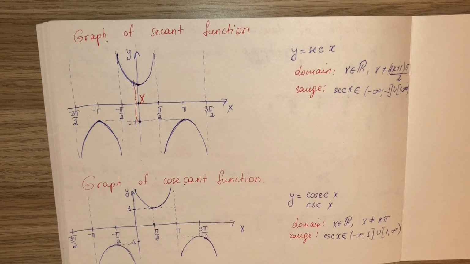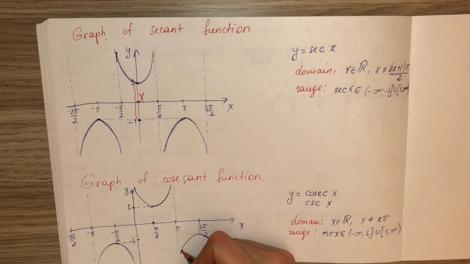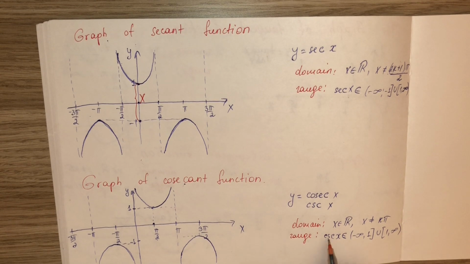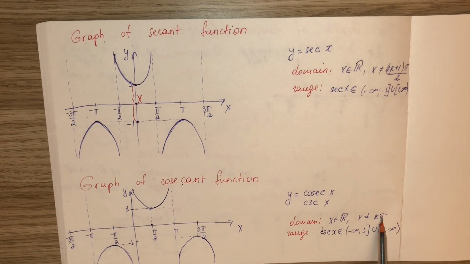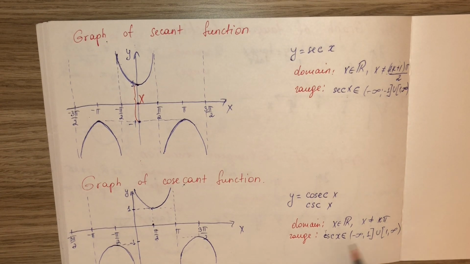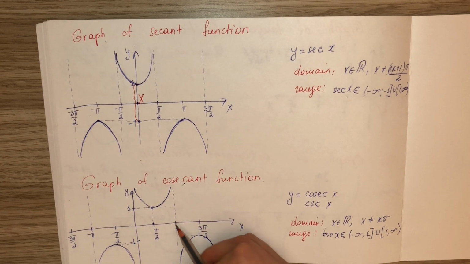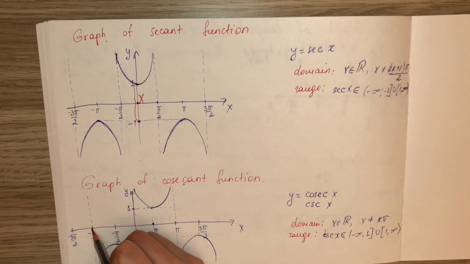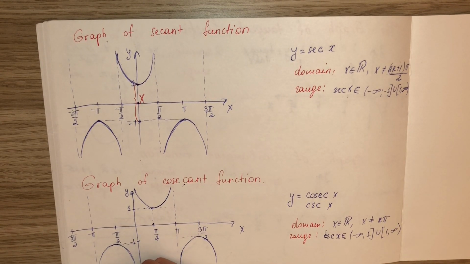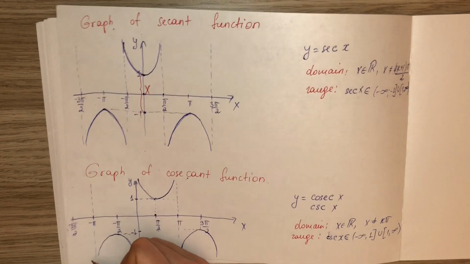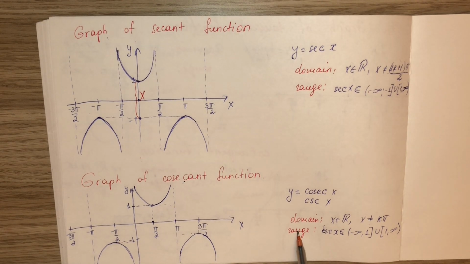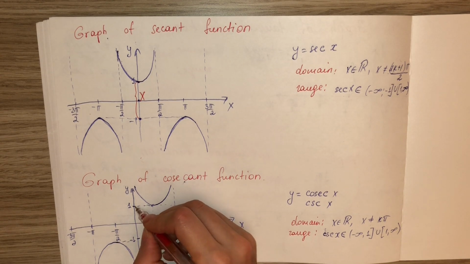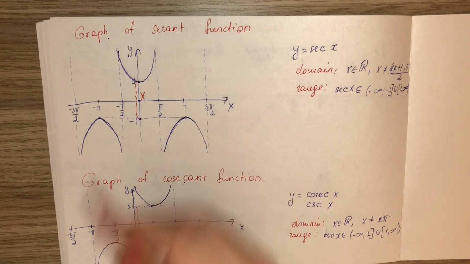As is clearly seen from this graph, the domain can be real numbers distinct from k times pi. It means that the domain cannot be pi, 2 times pi, 3 times pi, or minus pi. You see, this graph never touches this line, and the range of this function is similar to the secant function.